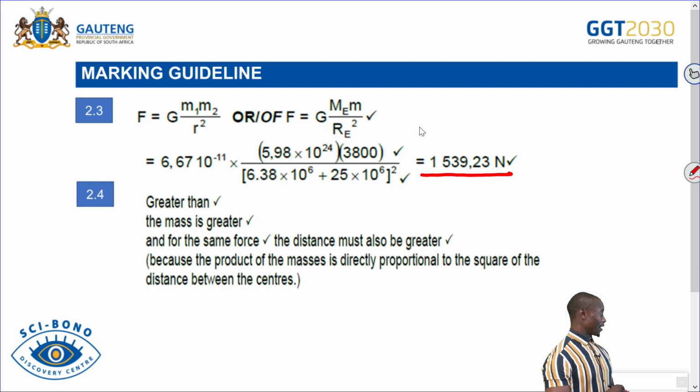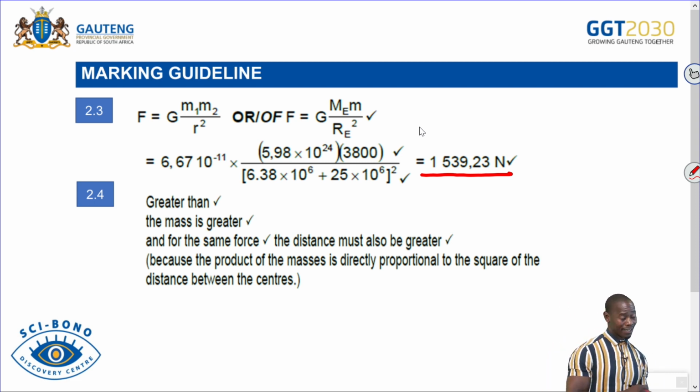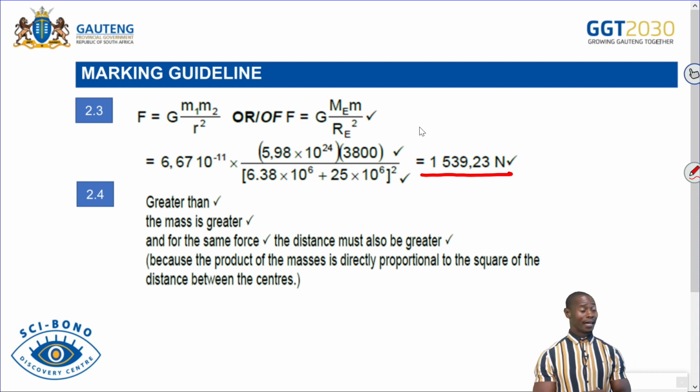For the same force, the distance must also be greater. So they are using the relationship between the product of the masses and the square of the distance between their centers.